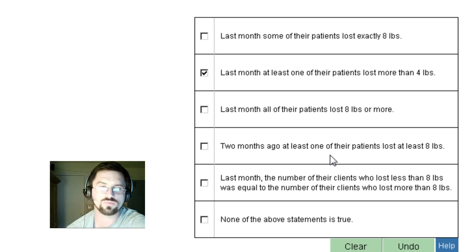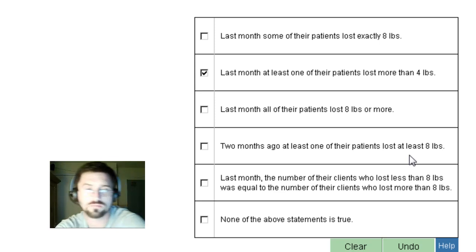2 months ago, at least one of their patients lost at least 8 pounds. Okay, 2 months ago. Well, you don't even have to read the second half of this statement. If it said last month, at least one of their patients lost at least 8 pounds, we would have to say, yes, that's true, but that's not what it's saying.